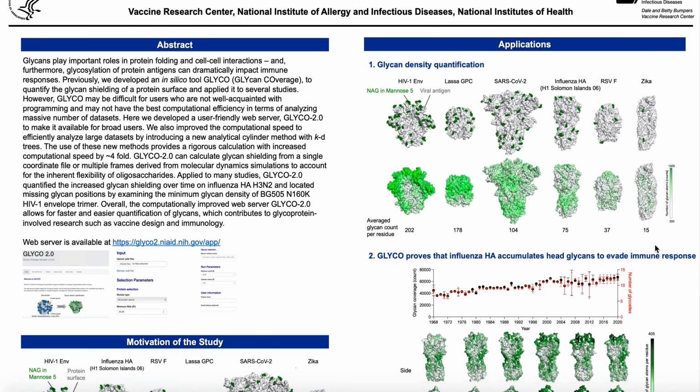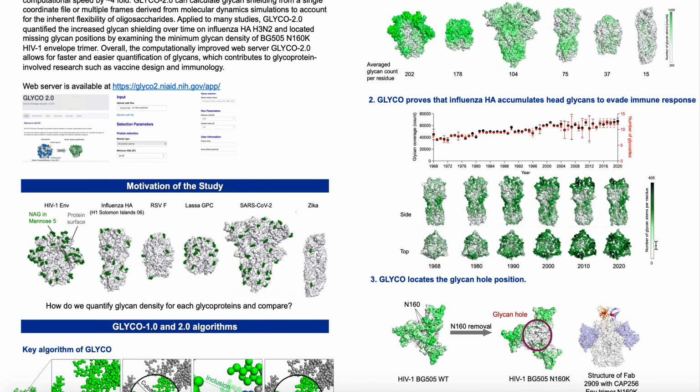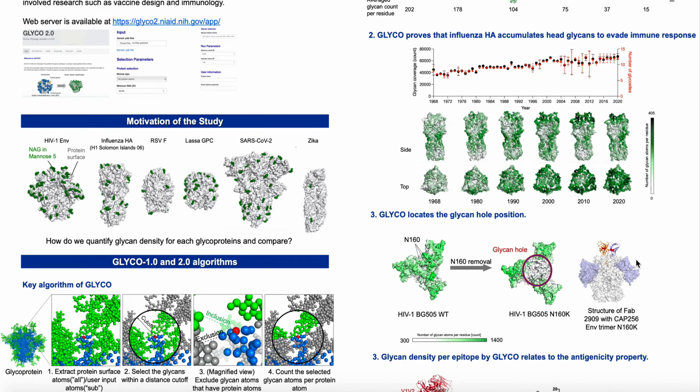Below that, we also found that the influenza HA subtype H3N2 accumulates glycan density at the head of the structure as time goes on, so that it tries to evade the immune response. So GLYCO has an ability to find glycan accumulation over time.